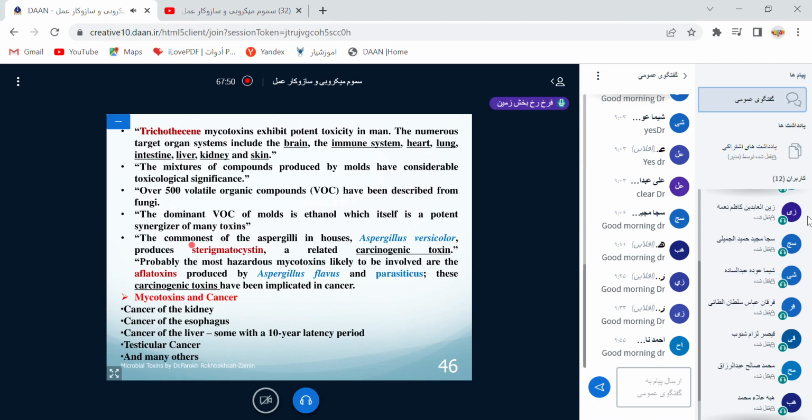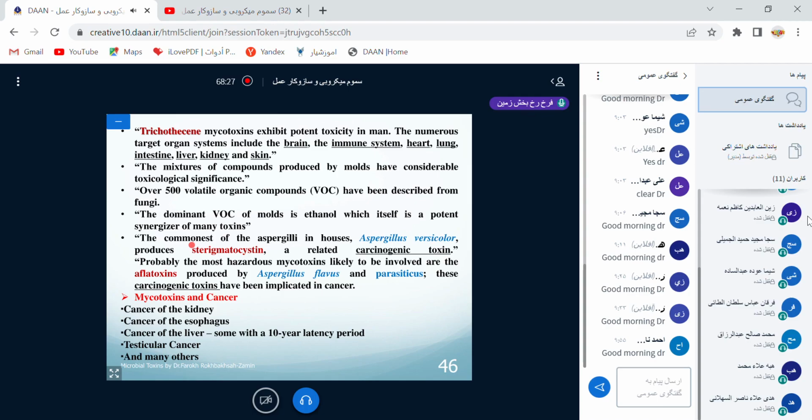So these people should clean their homes more than other people do in dry and cold places. Because I told you these toxins not only come to our body by food, from the foodborne route, but they can also come to our body by smelling.